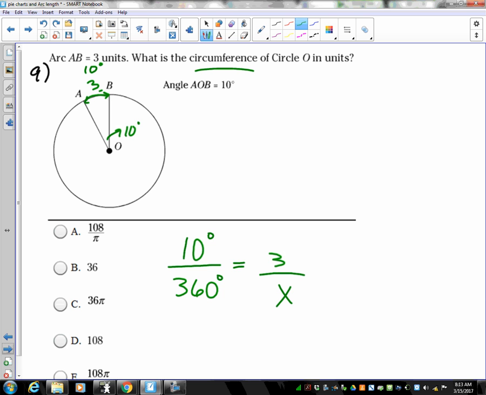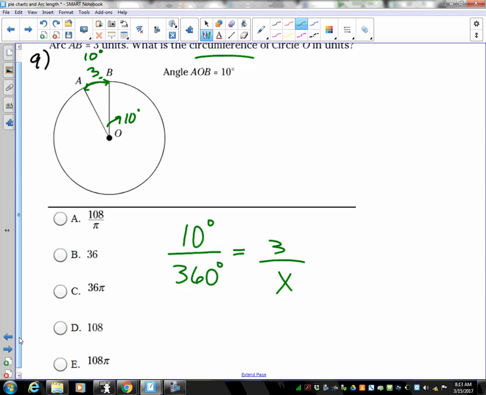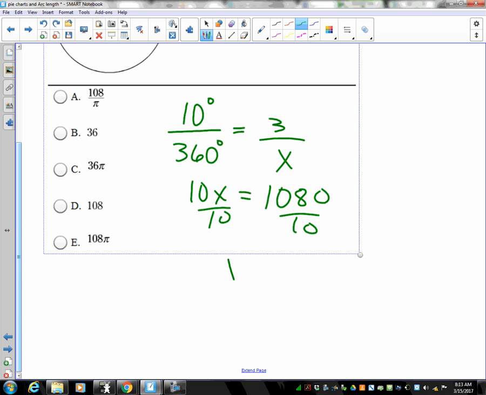So now, let's cross multiply here, and this is going to find me the length. So we'll get 10x equals, and then 360 times 3, I think that's 1080. Yeah, that is 1080. And then, of course, just divide by 10. So 1080 divided by 10 would be 180 here. So it's not in terms of pi there. It's just 180.